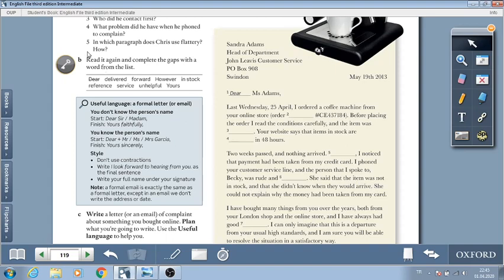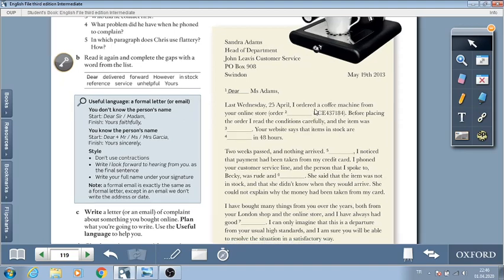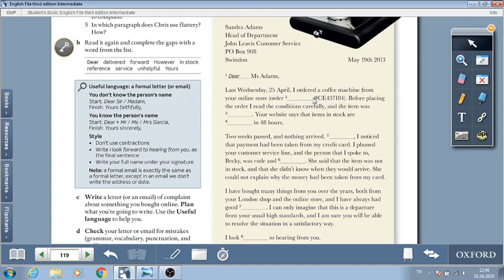And question 5. In which paragraph does Chris use flattery and how? If you remember the previous reading lesson, you will remember the meaning of flattery too. Flattery means compliment.